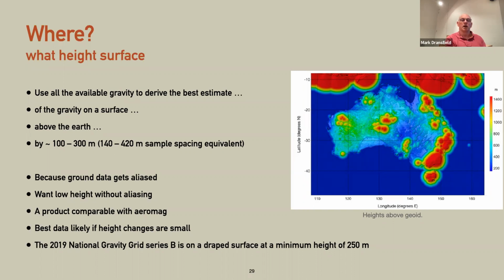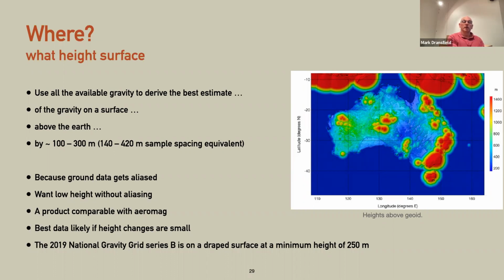So this is kind of my gut feeling, and you might suspect, and fair enough, that I might be biased by my desire to get a map that looks as good as the AeroMag map in terms of spatial resolution. That 140 to 420 sample spacing maybe gives that away.